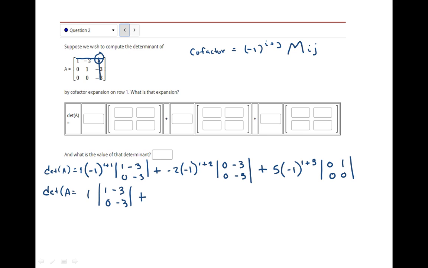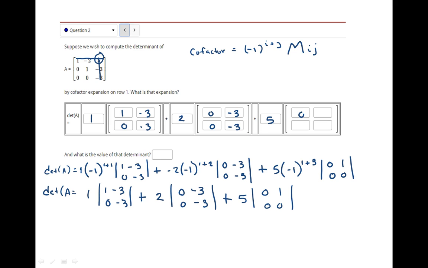Negative 1 times negative 2 is positive 2, times the determinant of 0, negative 3, 0, negative 3, plus, now we have a negative 1 to the fourth power, which is positive 1, times 5 is 5, times the determinant of 0, 1, 0, 0. So that's what you plug in here.